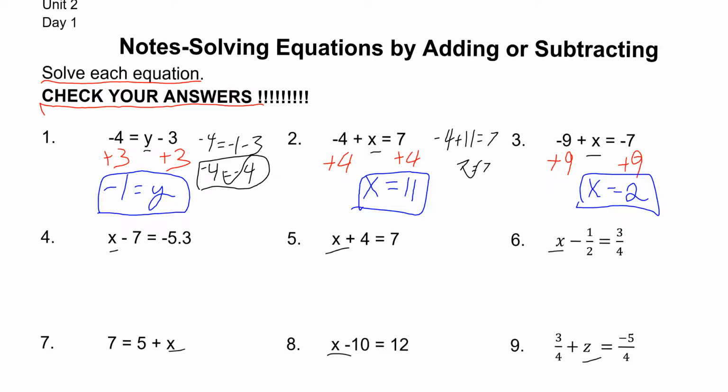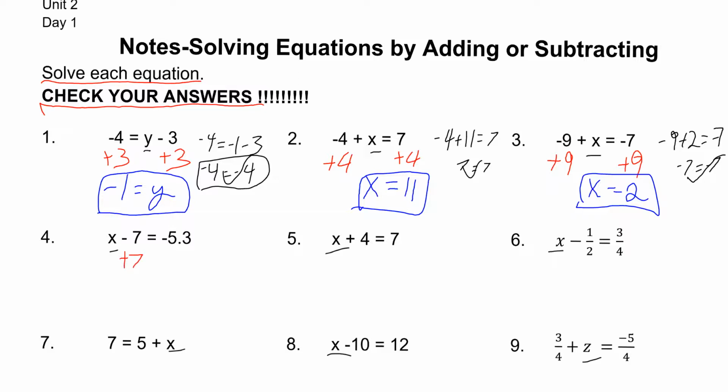Trust me. So on number 3, we're going to do negative 9 plus 2 equals negative 7. Negative 9 plus 2 is negative 7, and that does in fact equal negative 7. So that's good.